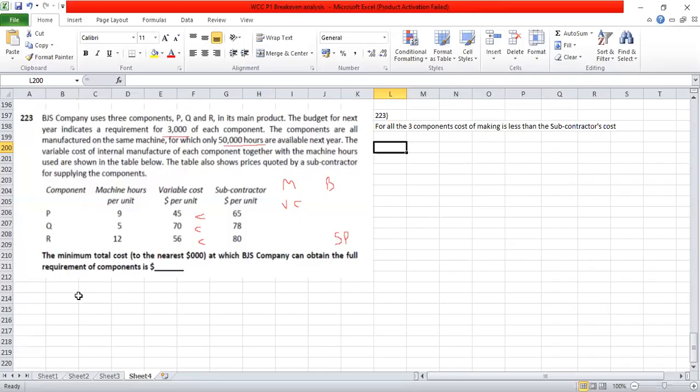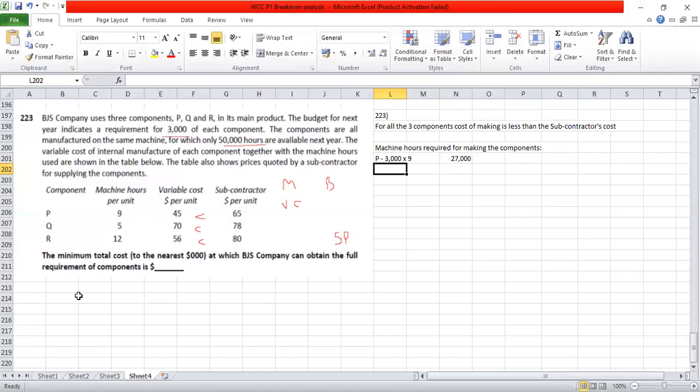So mesh nodes required for making the components. For P it requires 9 hours, so 3,000 into 9 hours becomes 27,000 hours.